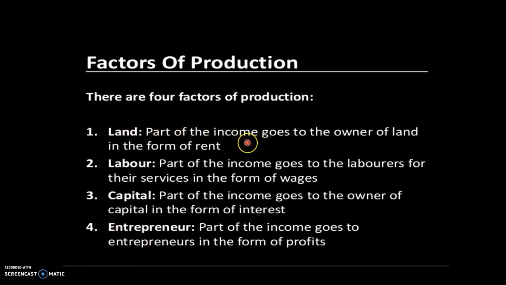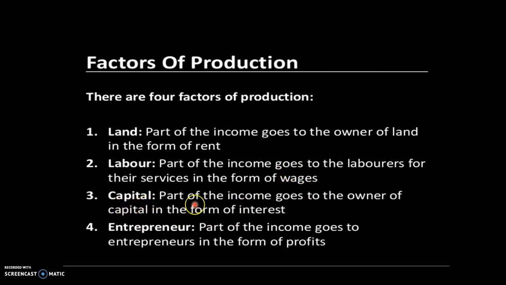Land. A part of income goes to the owner of the land in the form of rent. Then labor. There are two types of laborers, educated and manual laborers. A part of income goes to these laborers for their services in the form of wages. So land gets rent, labor gets wages.